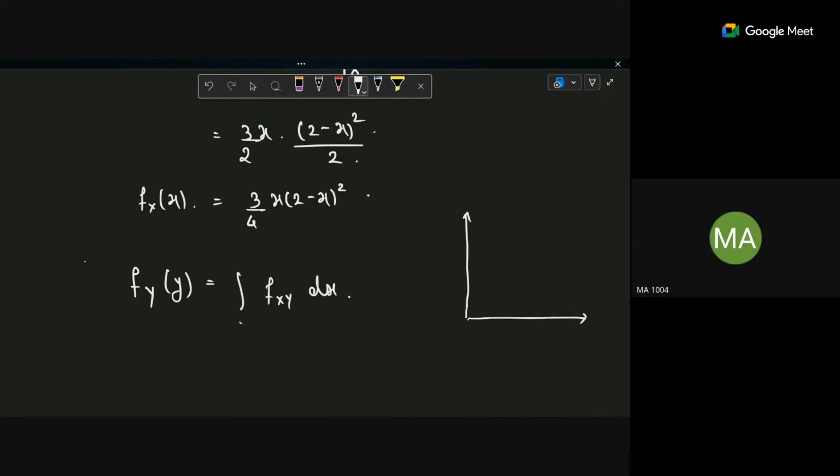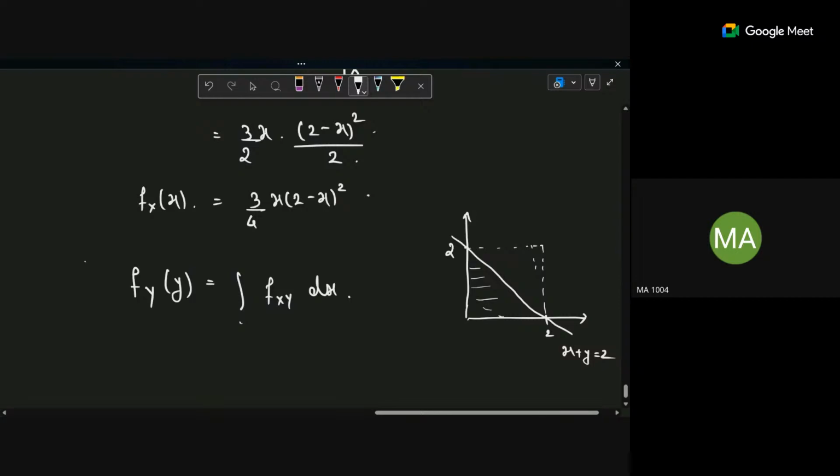Okay, so your strip will be horizontal this time. See, this is your x plus y is equal to 2. So this is my required region and I will take the strip as this.